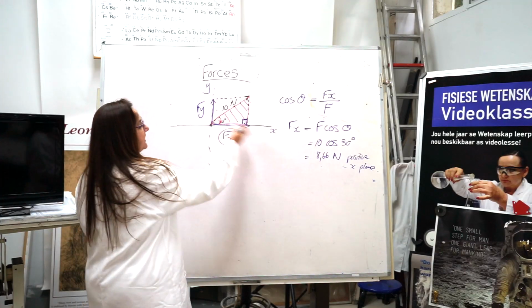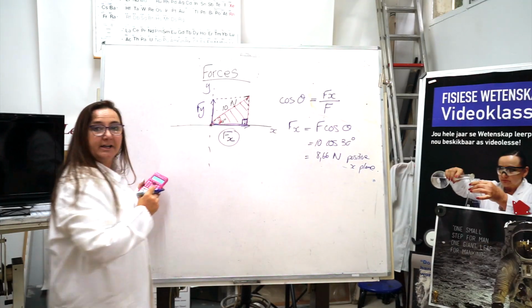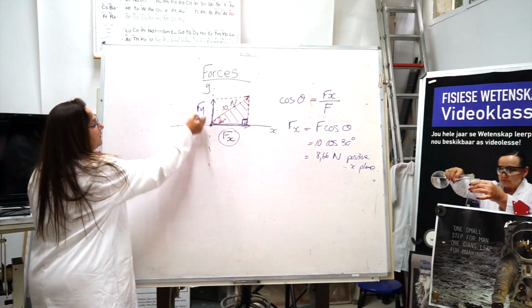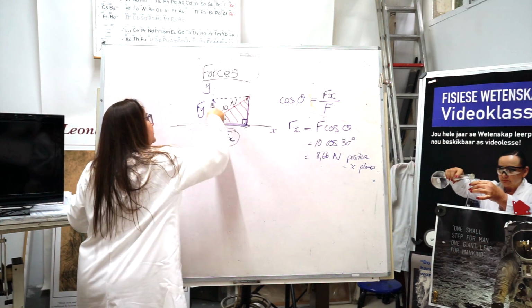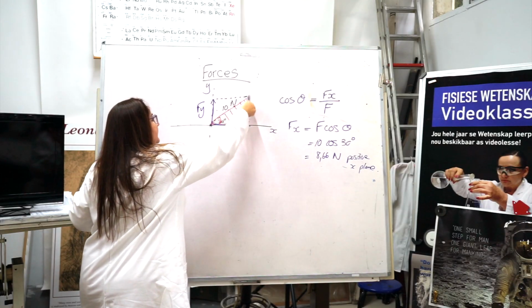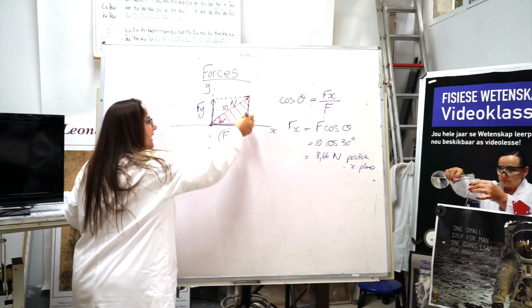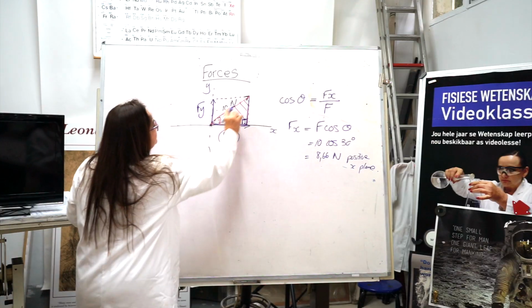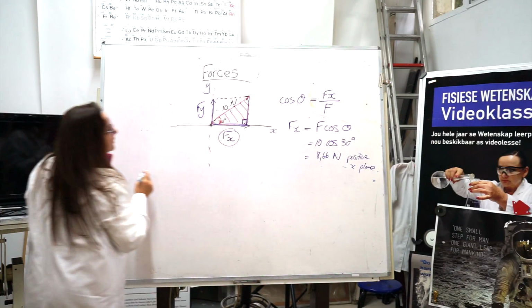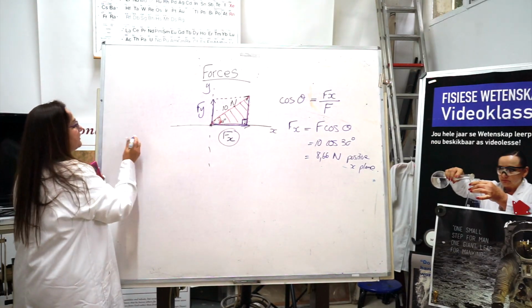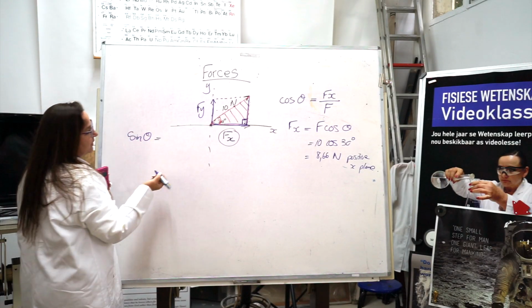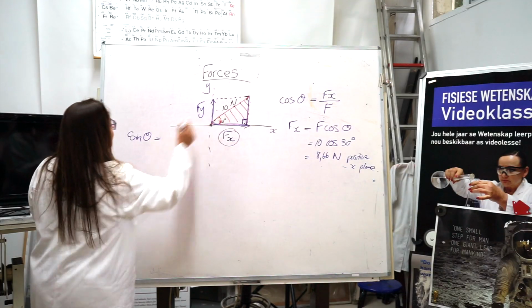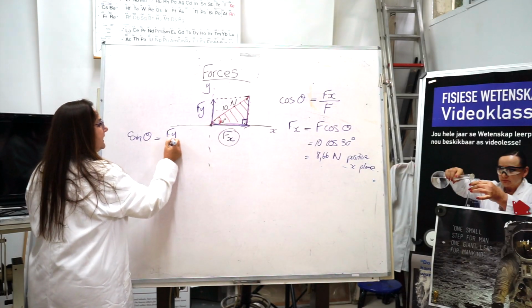Alright, so let's see how I would work out the Fy component. Remember, they equal, that one to that one. I'm going to stay in this triangle, but now of course it's the opposite side. So what do I use for the opposite side? I'm going to say sin theta equals, and what am I looking for? I'm looking for Fy.